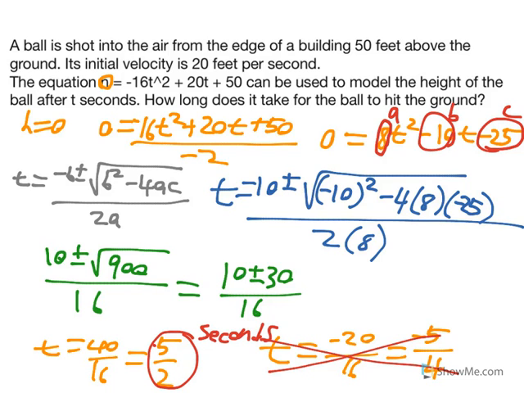So let's plug this back into our original equation for t to prove that when t equals 5/2 seconds, h will equal 0. To prove this, let's go to the next slide. So h, which is 0, equals negative 16 times 5/2 squared plus 20 times 5/2 plus 50.